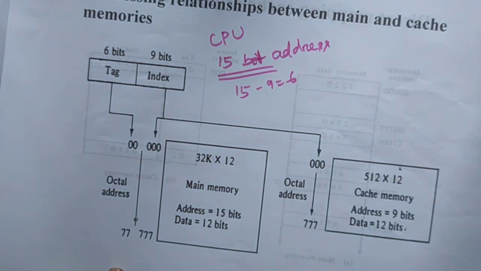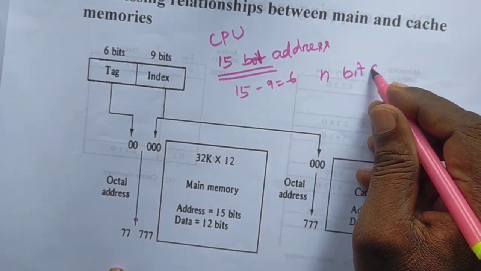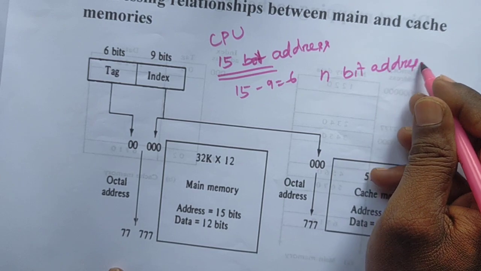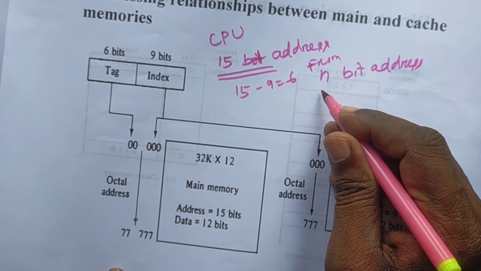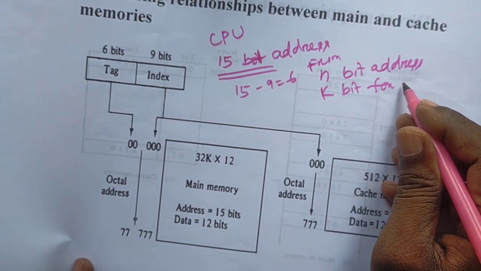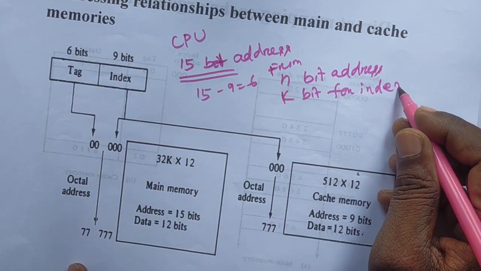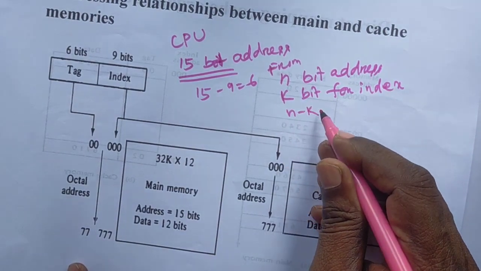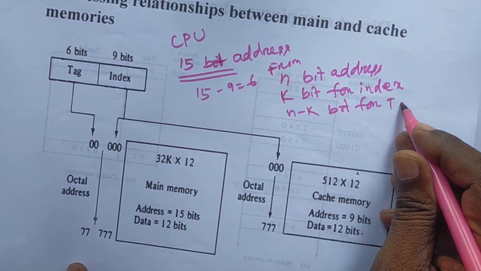Previously we already know that we have an n-bit address. From the n-bit address, k bits are for index and n minus k bits for tag.